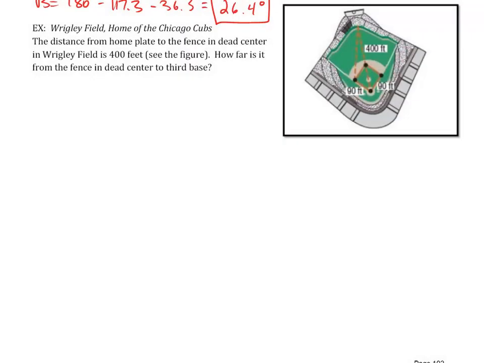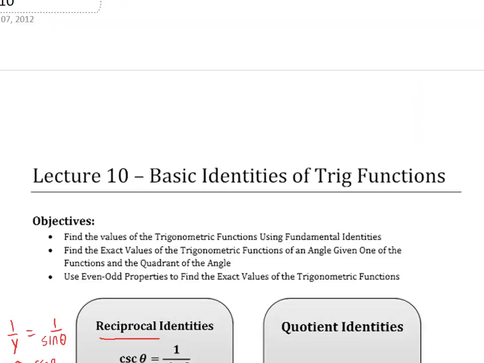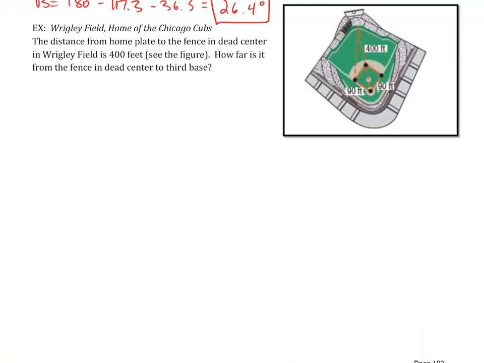In this graphic, you are given some distances related to Wrigley Field, the home of the Chicago Cubs. The distance from the home plate to the fence in dead center field is 400 feet, as illustrated in that picture. Okay, 400 feet from home plate to the middle of center field.